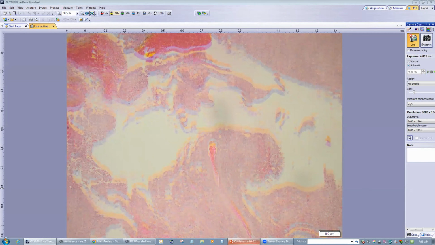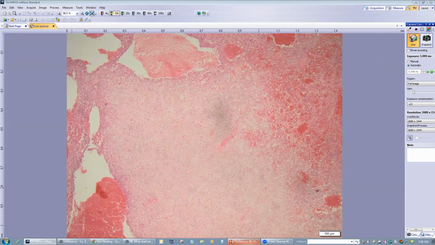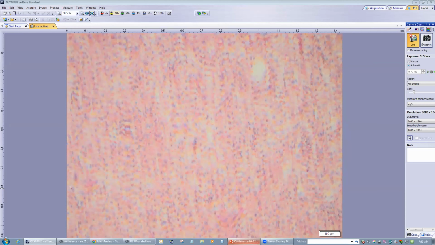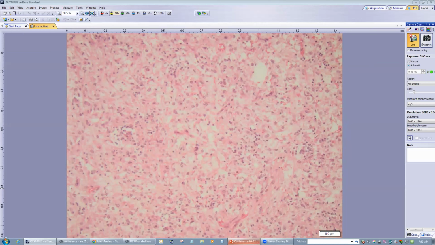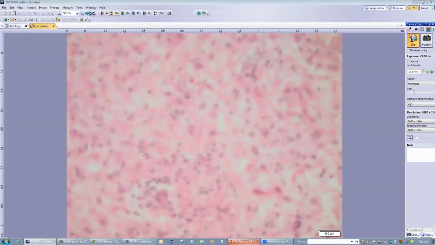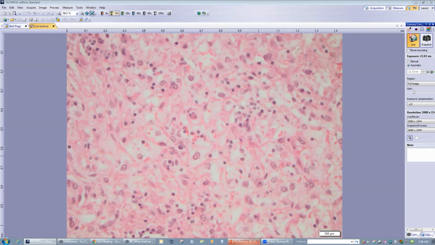So let's look at the cellular morphology. We can see sheets of large polygonal cells, individual cells, with a sharp cytoplasmic membrane and prominent nucleoli.